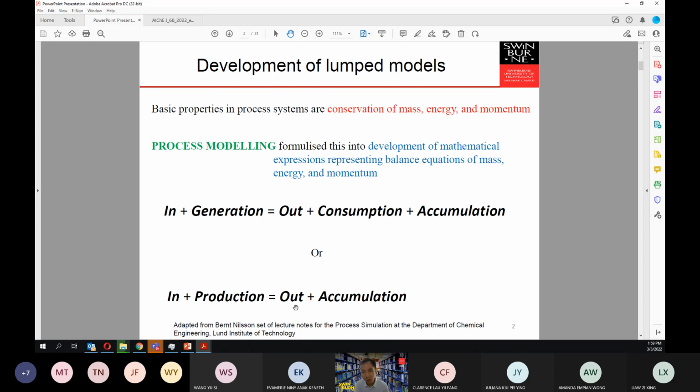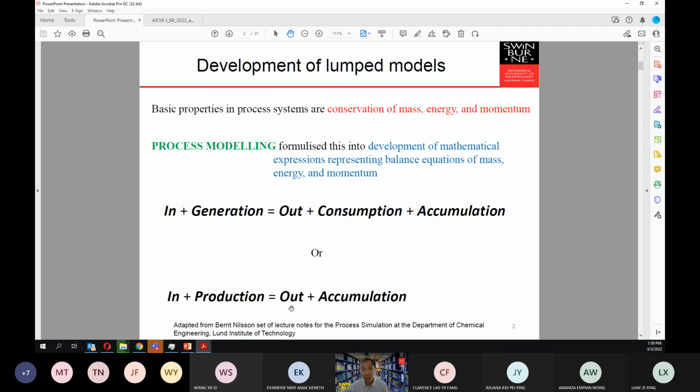If the in is not equal to the out, but you don't have production, that means you have an accumulation. So if in is not equal to out, you don't have a steady state process. You get what I mean, Clarence?